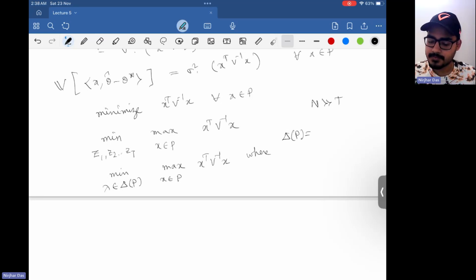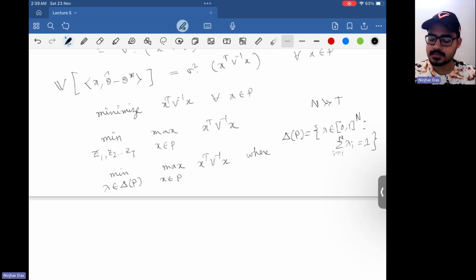This is basically the collection of all lambda belonging to [0, 1] to the power n such that the summation of lambda_i from i equals 1 to n equals 1.